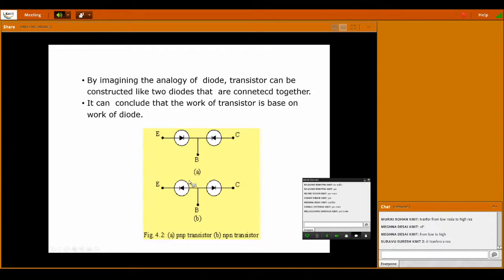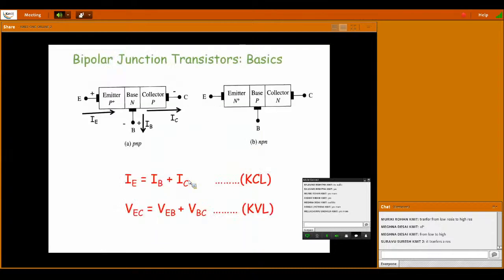Now let me move to our next slide. Bipolar junction transistor basics. These two are the structures of the PNP as well as the NPN transistor.